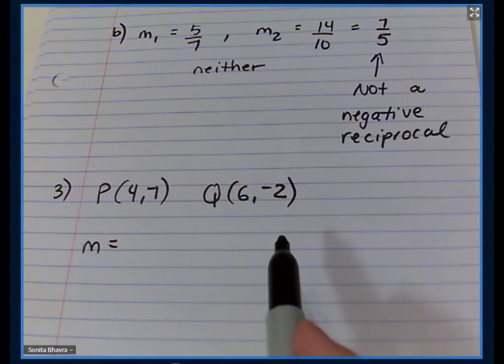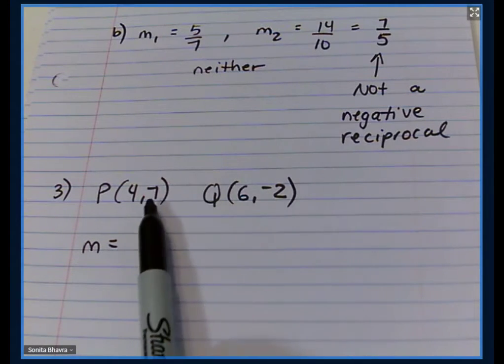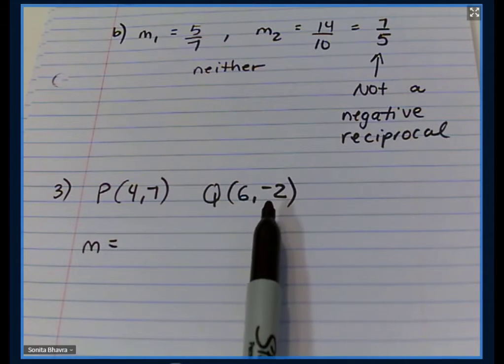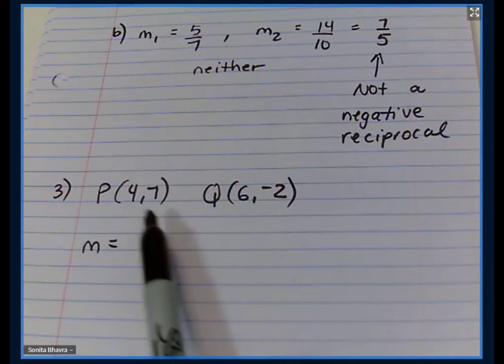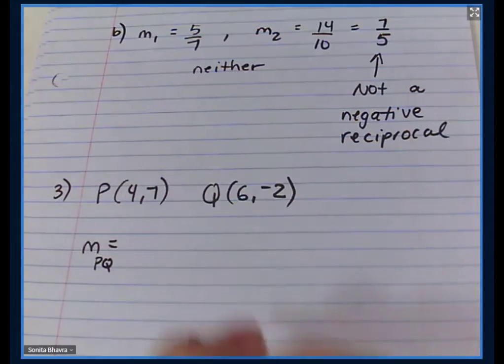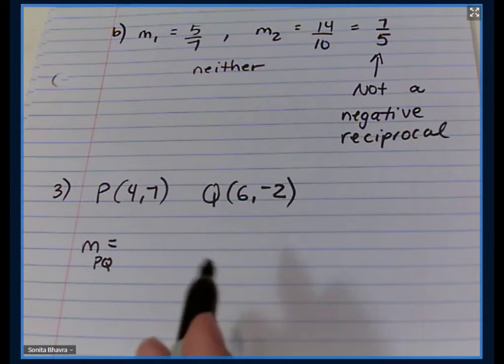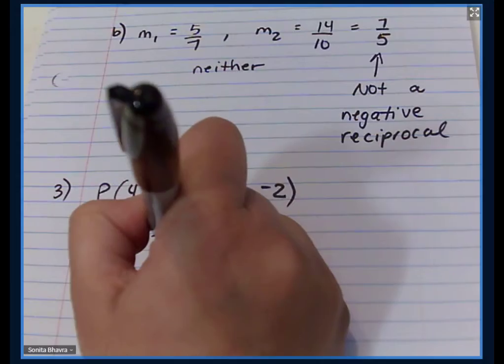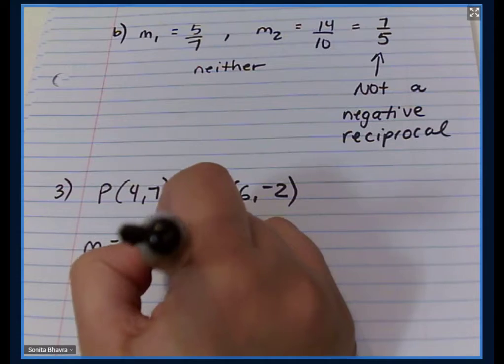So again, remember it's rise over run. For the rise, you use your y values. Either way, you can do 7 minus negative 2, and then 4 minus 6, or you can do negative 2 minus 7, and then 6 minus 4. Just make sure you do them both the same way. So I'll just use PQ to find the slope. PQ, so 7 minus negative 2 over 4 minus 6.